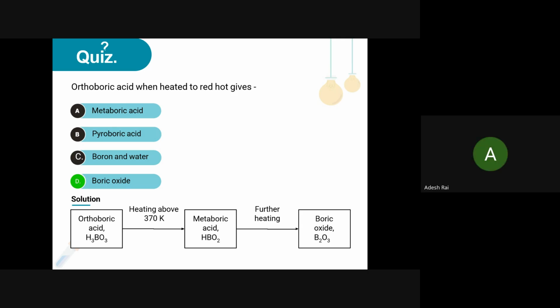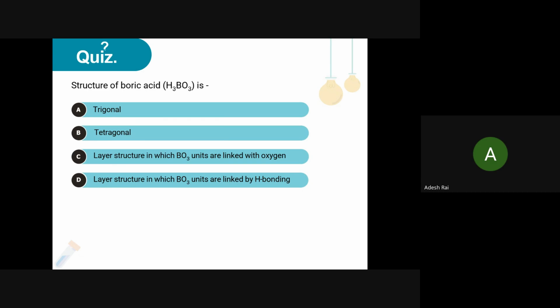If you heat it at red hot, see, 100 degrees is not red hot. Whenever they say red hot, it means very high temperature, like above 500, 600, 700. Is that clear? So when we heat it, first we get metaboric acid, and when we heat it further, we get boric oxide.